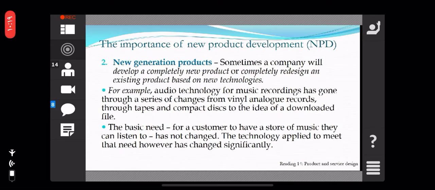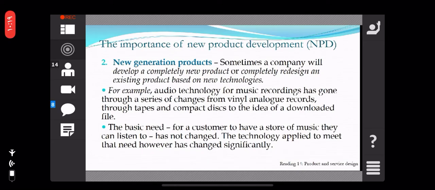Let me complete this. The basic need for a customer to have a store of music that they can listen to has not changed. The technology applied to meet that need, however, has changed significantly. We call it a new generation product. For example, we used to have video cassettes and audio cassettes.